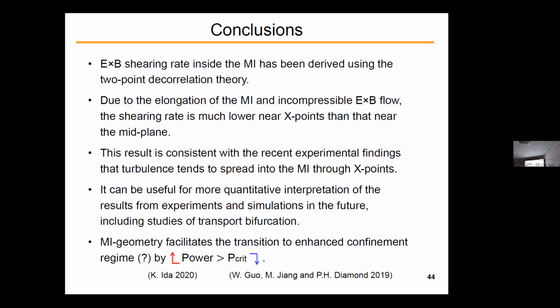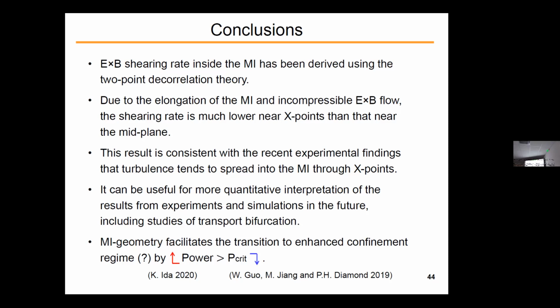So magnetic island geometry can actually facilitate the transition to the enhanced confinement regime. There are some experimental data supporting it, but not always is a magnetic island beneficial for transport barrier formation.